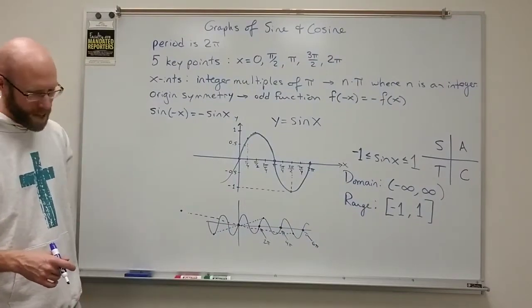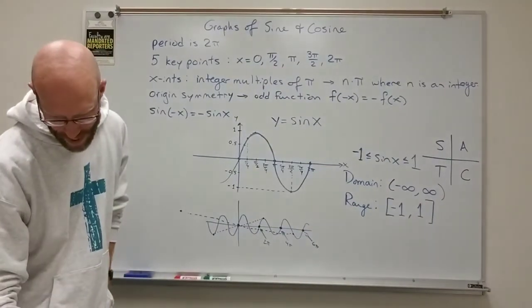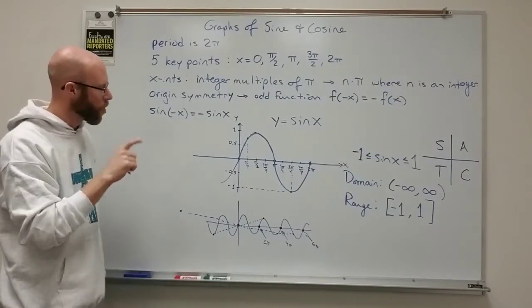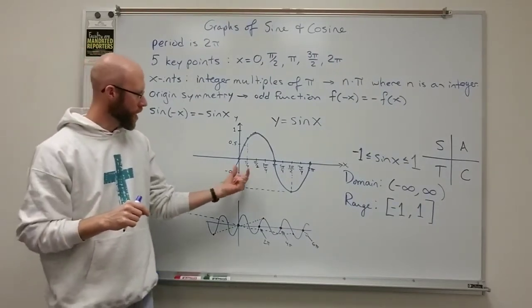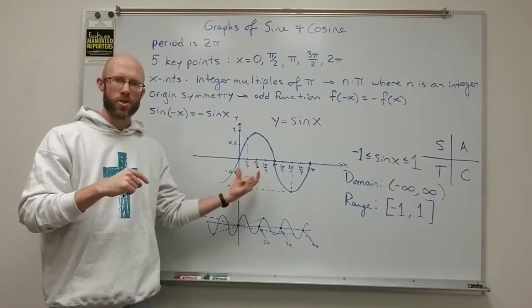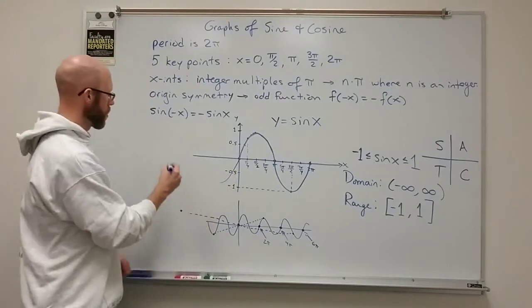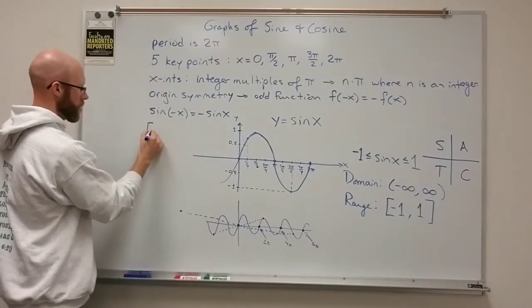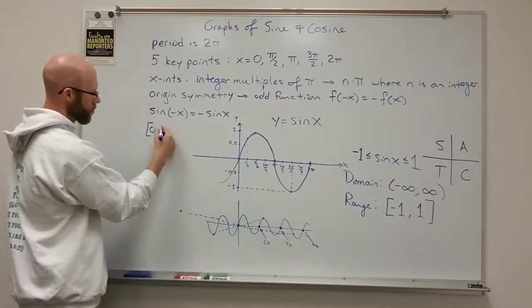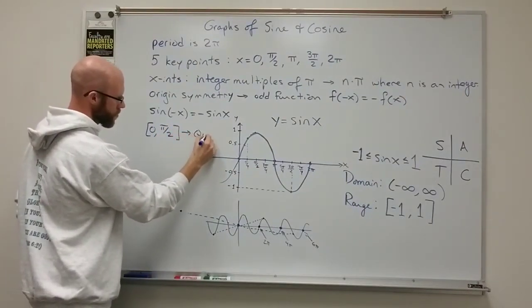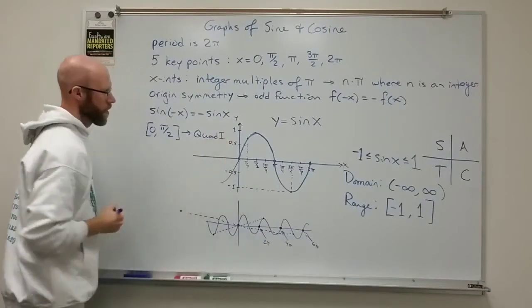So anyway, let's continue. Another thing I wanted to mention is that the different quadrants show up on the graph here. The interval from 0 to pi over 2 corresponds to all values in quadrant 1, okay?